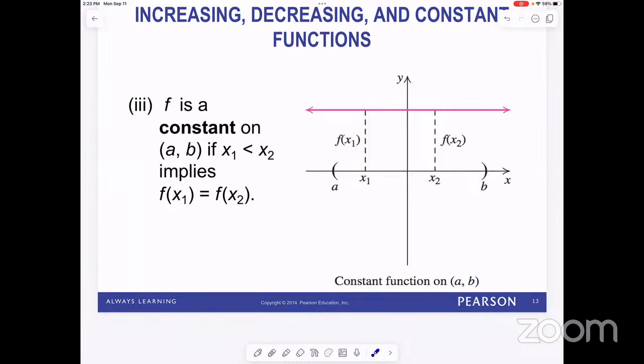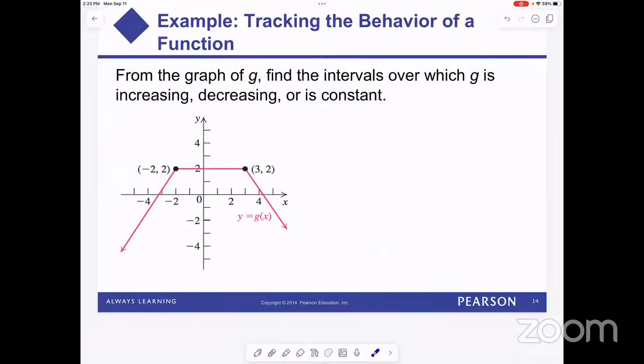So this is a constant function. All right, so in this example, tracking the behavior of a function from the graph of g, find the intervals over which g is increasing, decreasing, or constant. We're going to base our results on the x-axis, that's the domain. Let me do my little setup here.